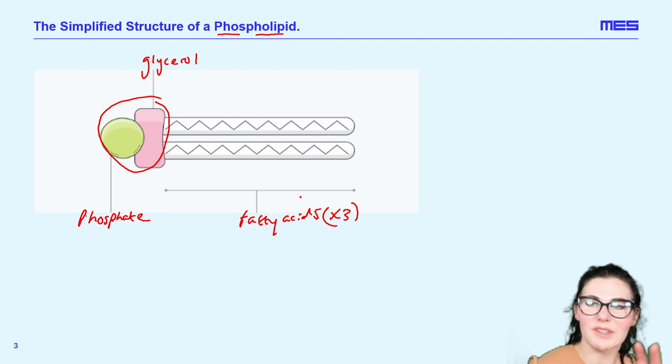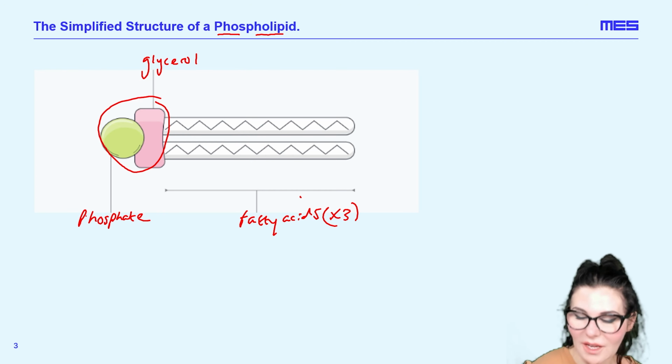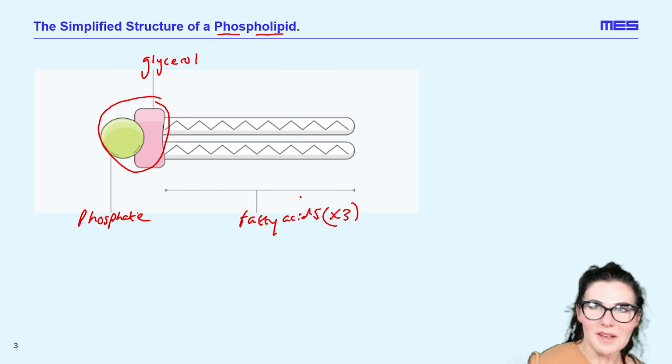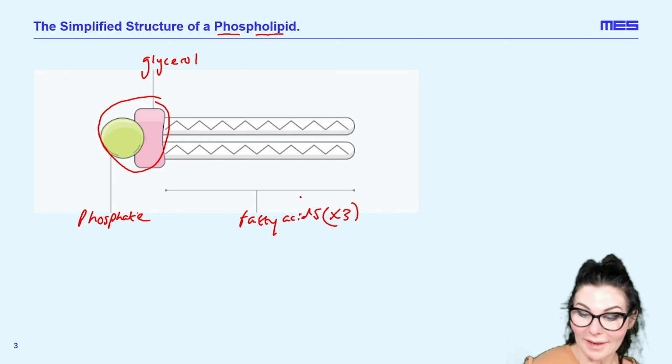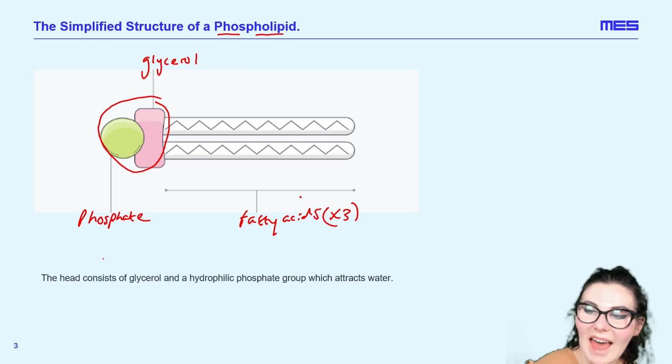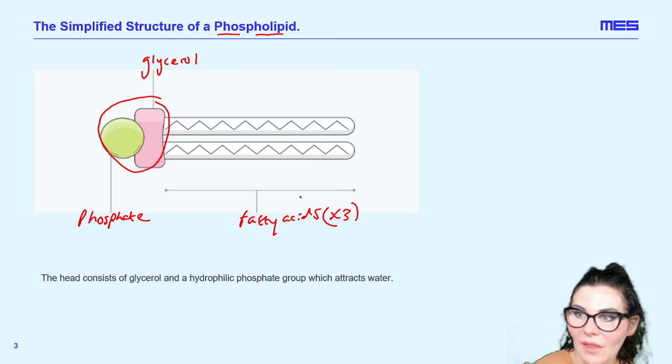Now, because of the different areas of the phospholipid, there are different properties, which is what makes the phospholipid form the bilayer. The head, made up of glycerol and this hydrophilic phosphate, basically means that they will attract, especially the phosphate area, to water.